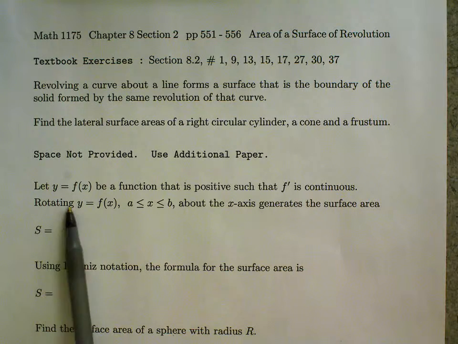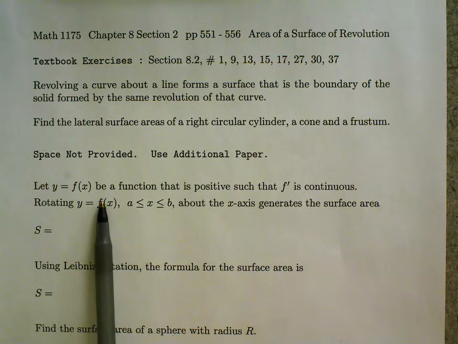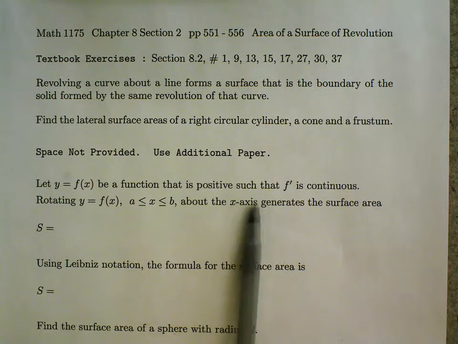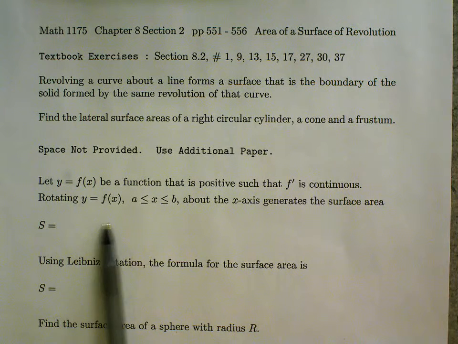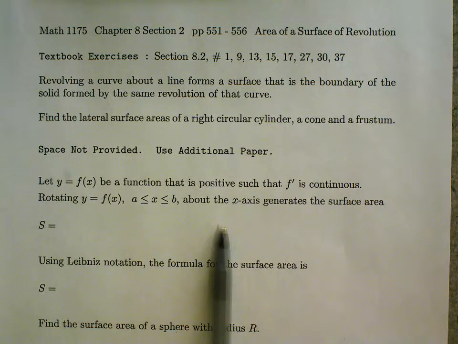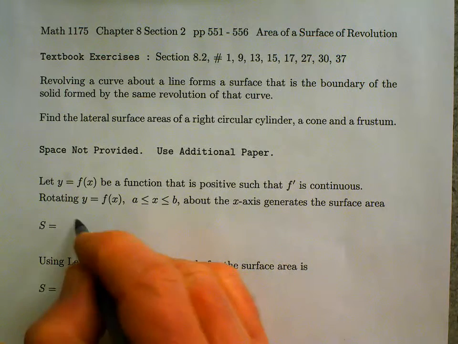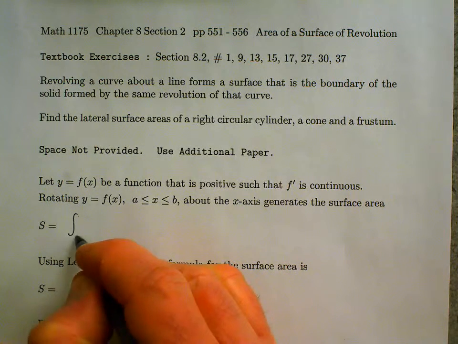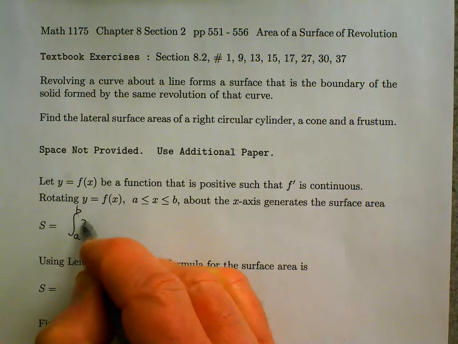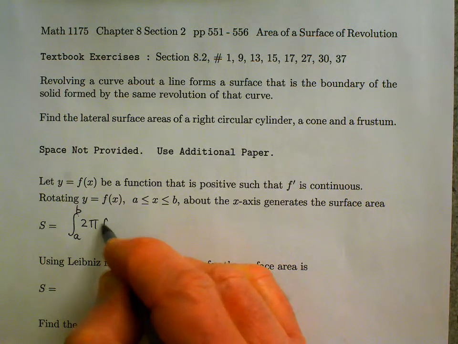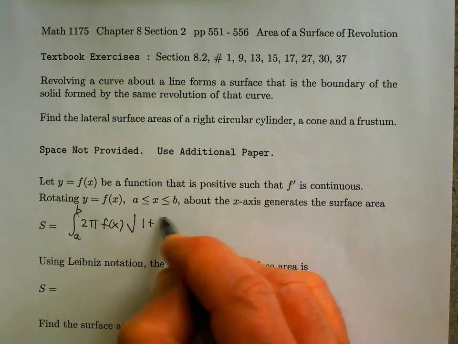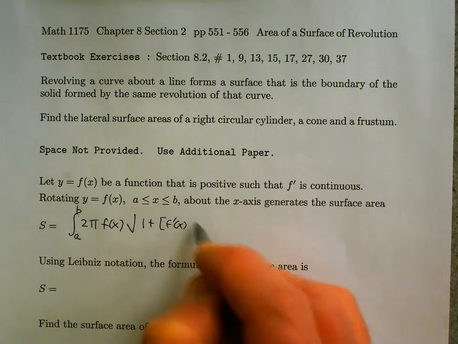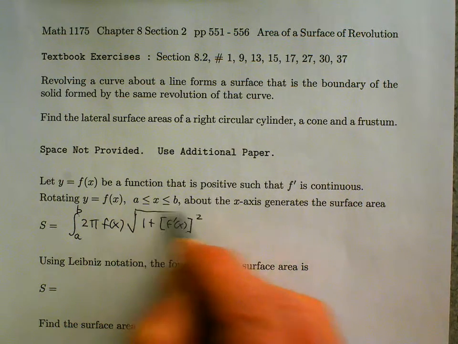If we let y be equal to f of x, let that be a function that is positive, such that f prime is continuous, and rotating y equals f of x for values of x from a to b about the x-axis generates the surface area that's equal to the definite integral from a to b of 2 times pi times f of x times the square root of 1 plus the square of f prime of x dx.